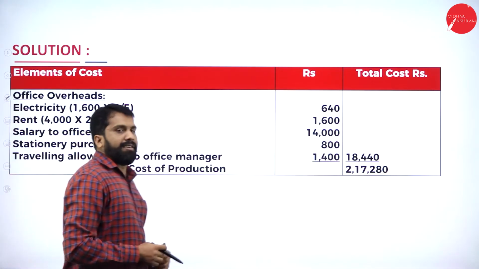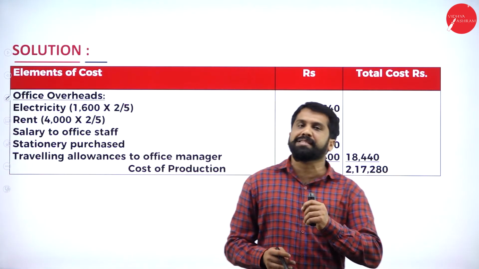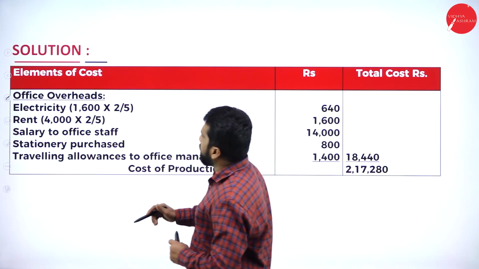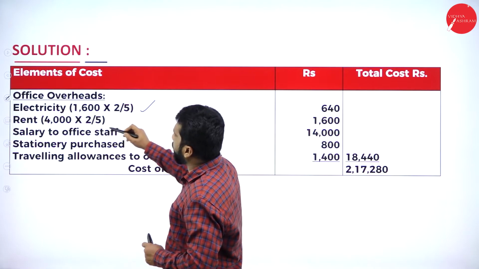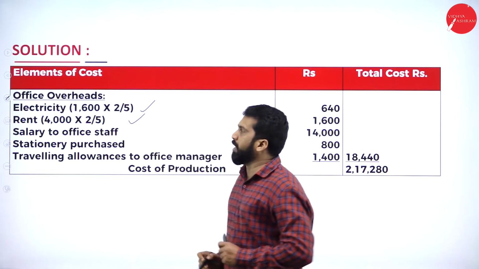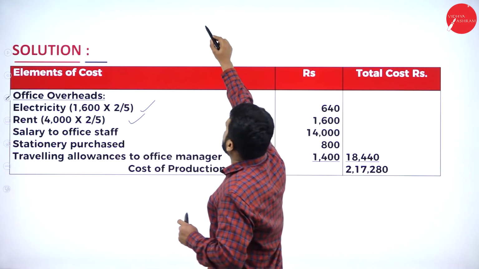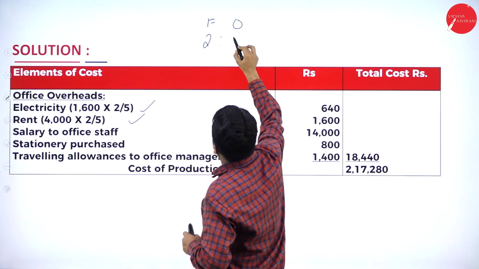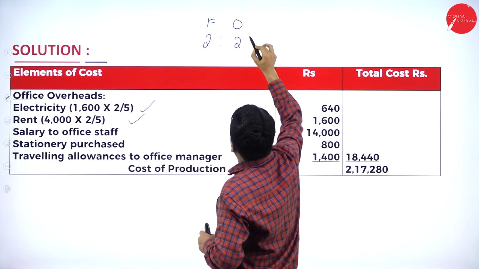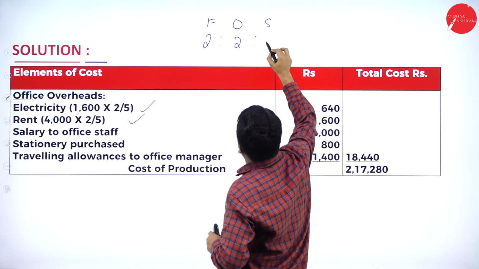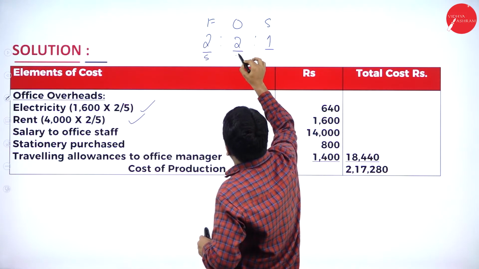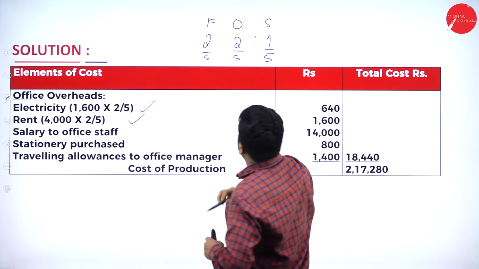Once you're done with factory cost, we'll go for your office and administration expenses. Now, same thing, electricity into 2 by 5, rent into 2 by 5. Why? Because for factory, it is 2. Office, it is 2. For selling and distribution, it is 1. So 2 by 5, 2 by 5 and 1 by 5.